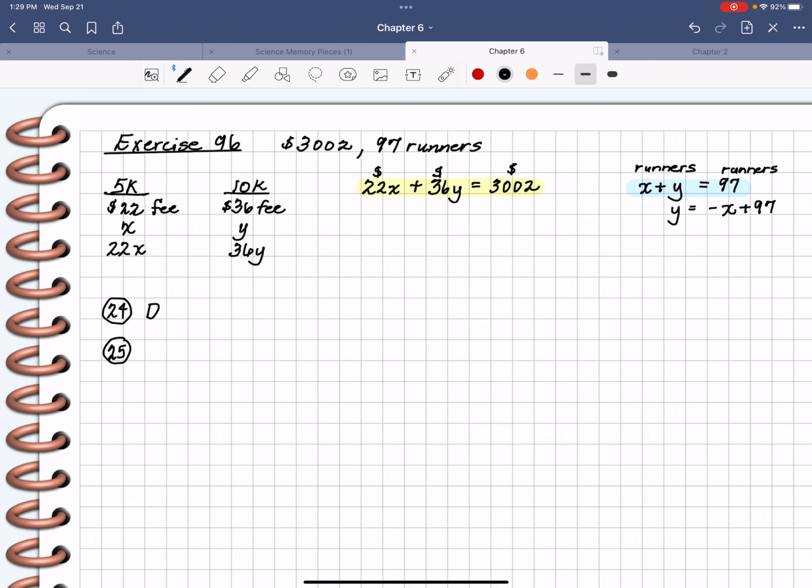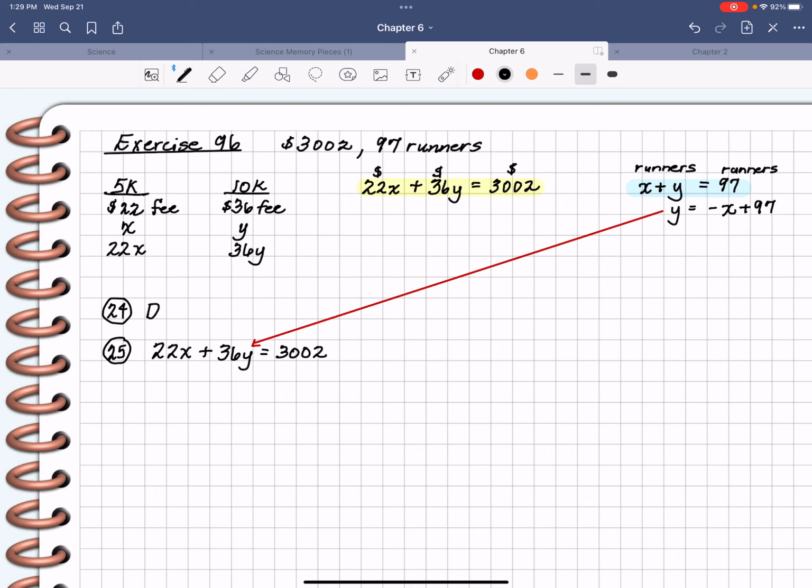And then I'm going to use that to go into this equation. In other words, this is solved for Y, so it's going to plug in for this Y right here.